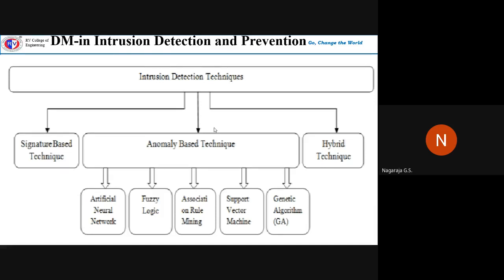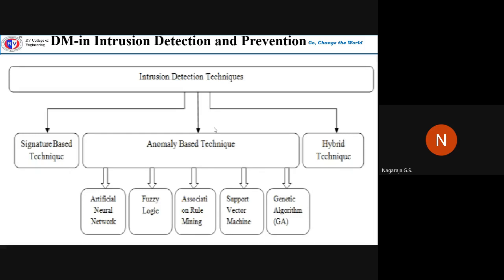And there is a hybrid technique, wherein you have a combination of these two, or not only these two, you can also include other kinds of techniques as well. For example, some kind of recommendation systems you can look at in a hybrid technique, where you may have model based recommendations, or memory based, content based, collaborative based.